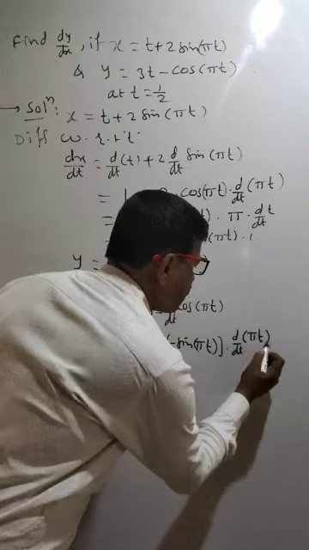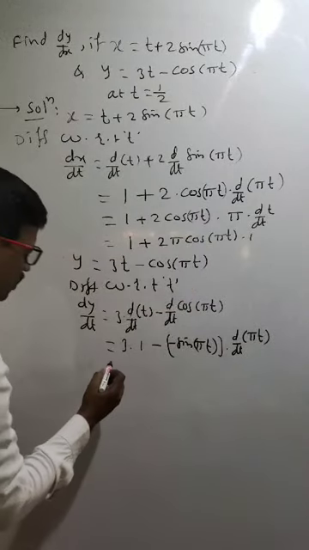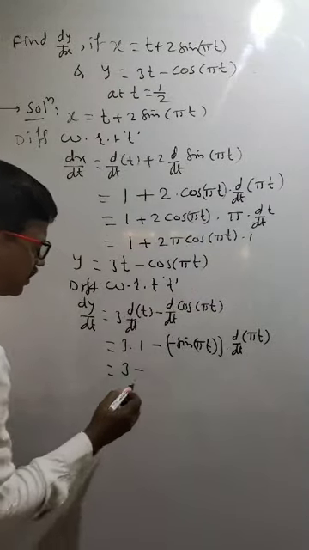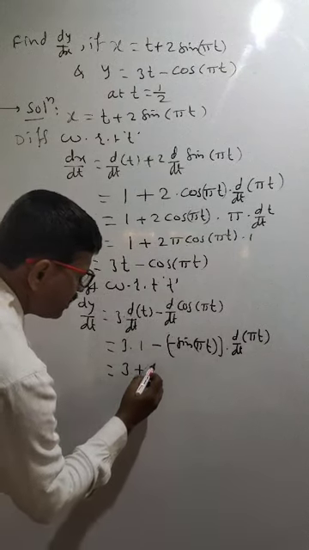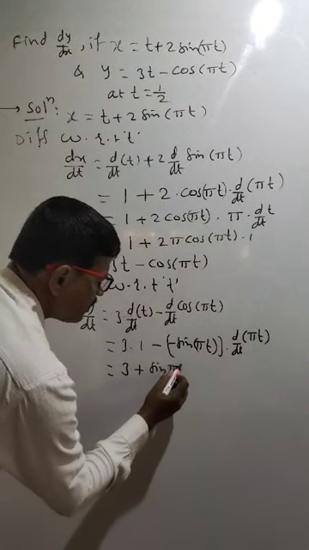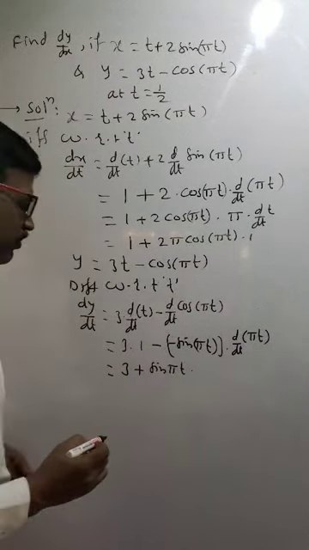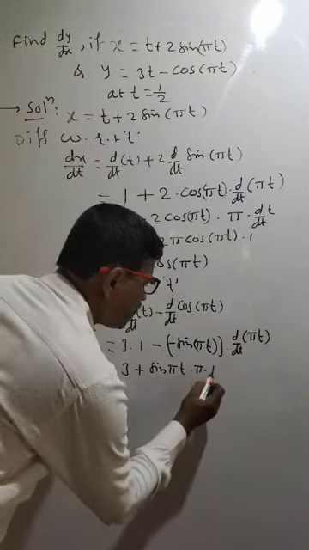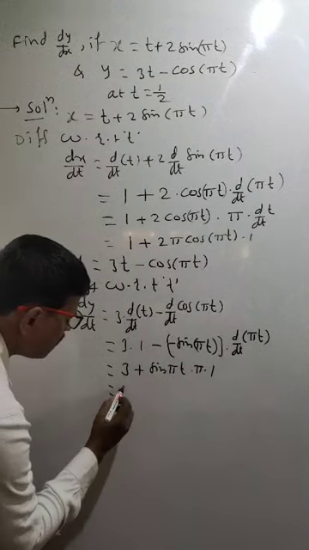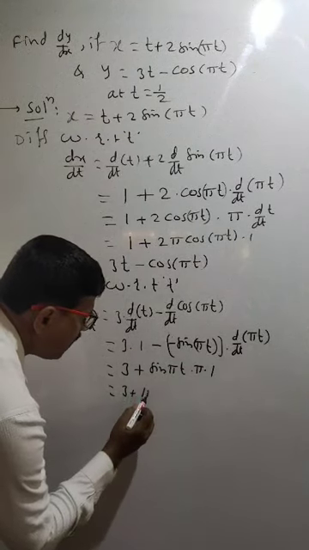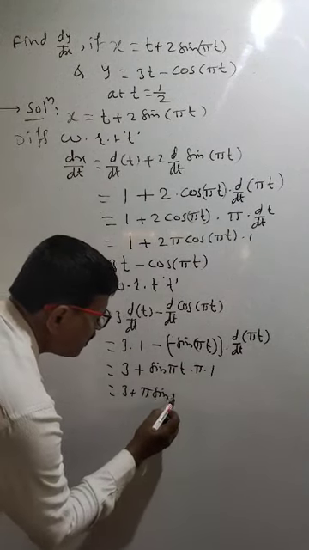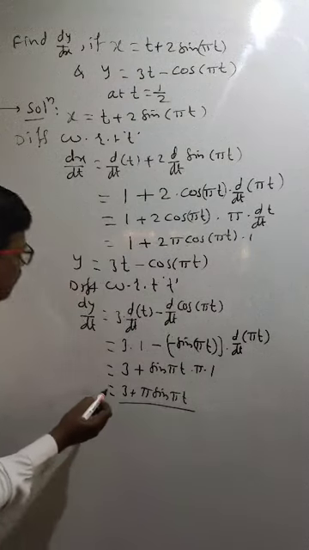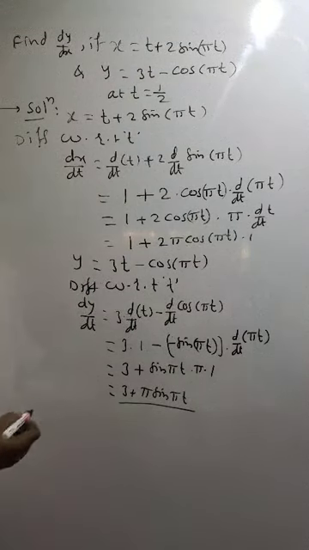So we get 3 minus into minus plus sin pi t into d by dt of pi t, pi into 1, equal to 3 plus pi sin pi t. This is the value of dy by dt.